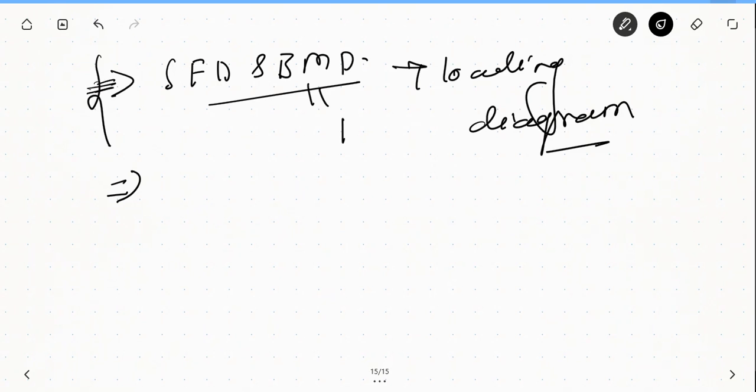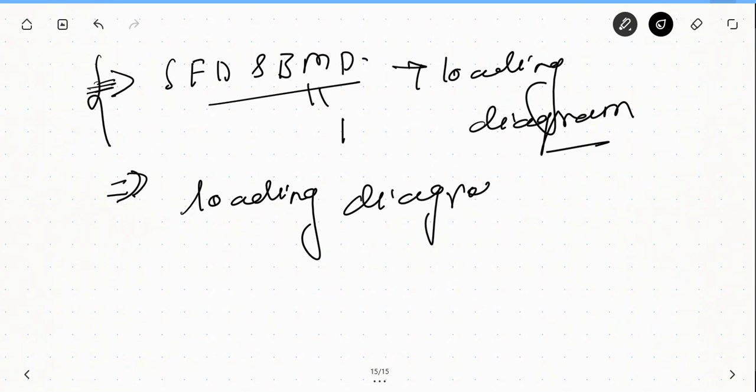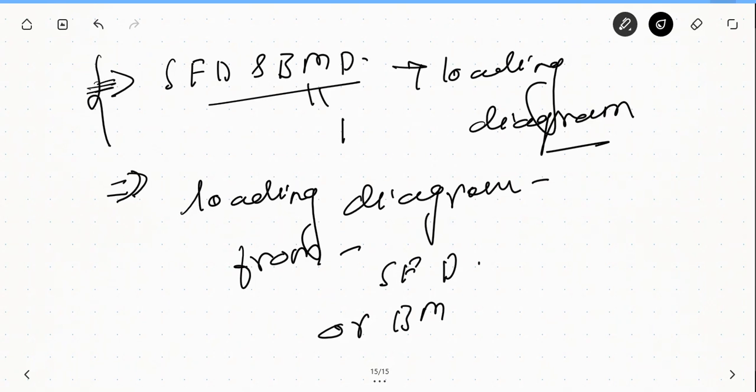Then we will try to plot or predict the loading diagram from an SFD, shear force diagram, or a bending moment diagram, or with only the bending moment diagram given, and we will try to draw the shear force diagram and loading diagram. These will all be the variations of standard question types.